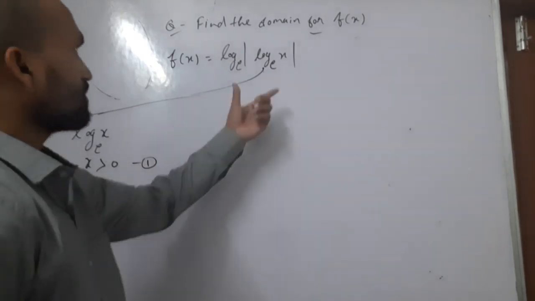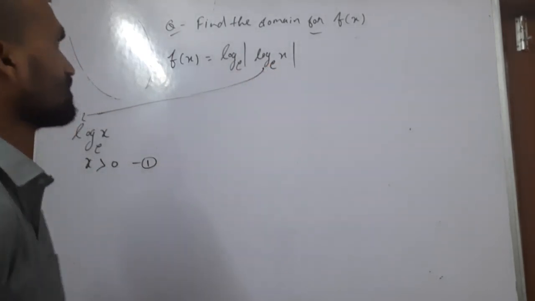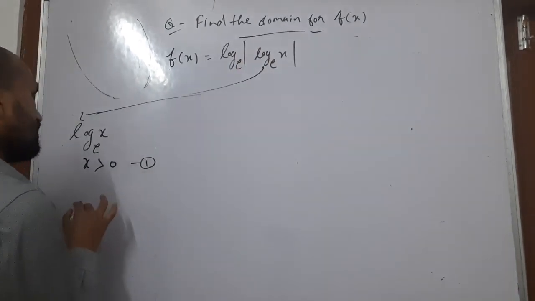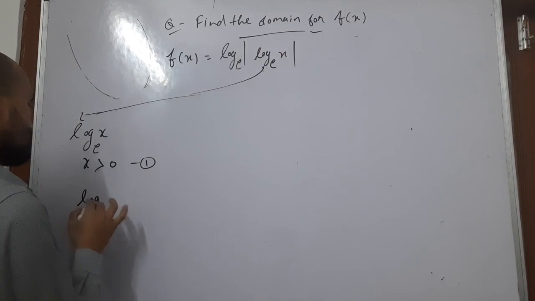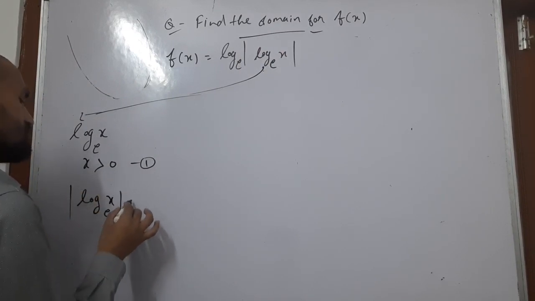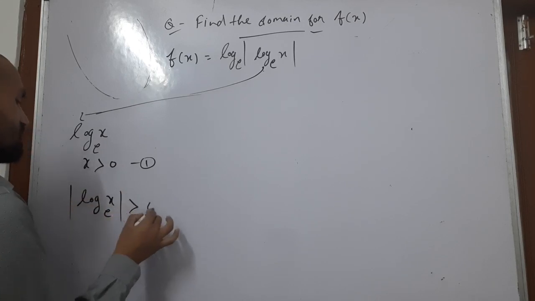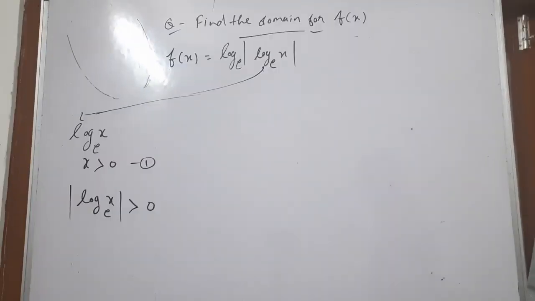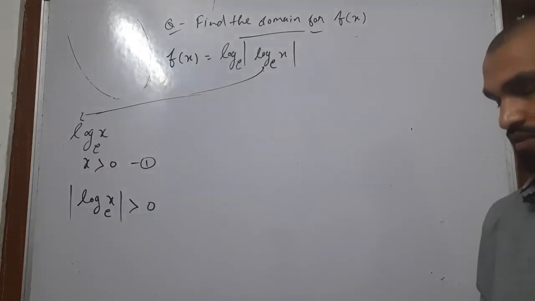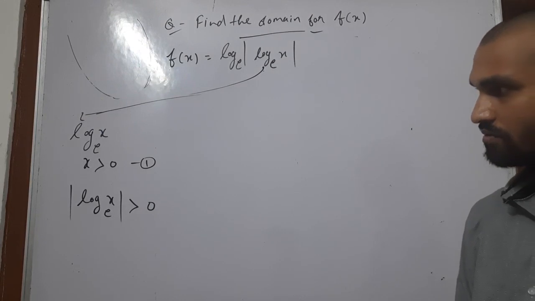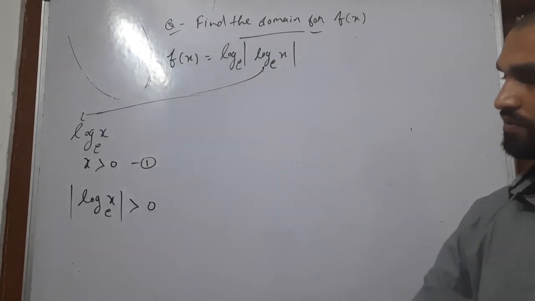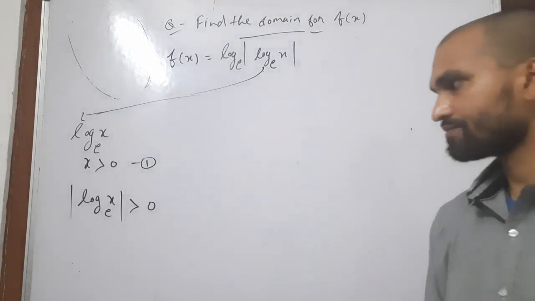Now we take this log. The modulus of log x to the base e should always be greater than 0. So let us discuss for what value of x it is greater than 0.